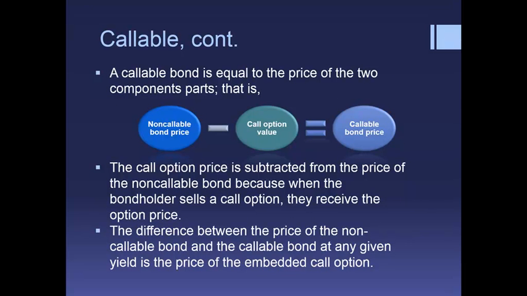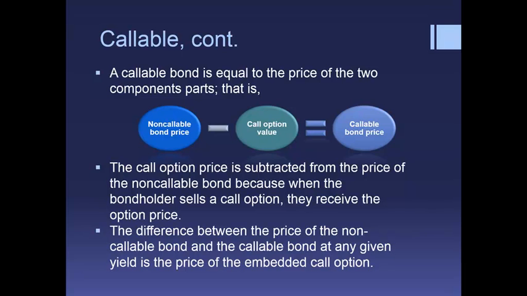So when we look at it this way, think about a callable bond. You've got the basics of a non-callable bond, but then you've got the option that's sold to the issuer. So we calculate the callable bond price by considering the non-callable component, and then we subtract the value of the call option that the investor sold to the issuer.